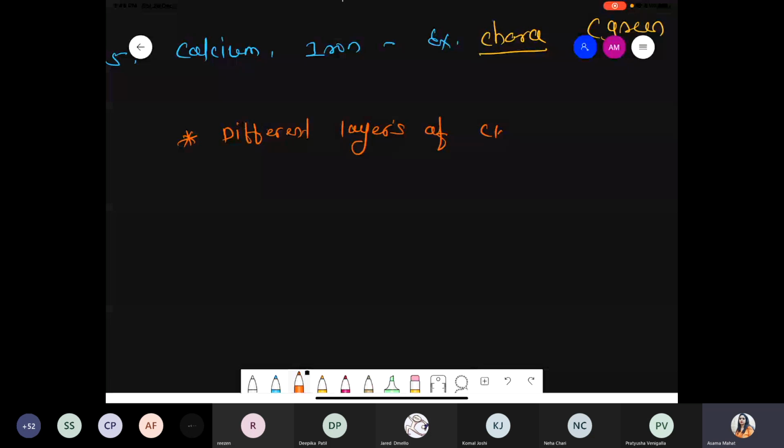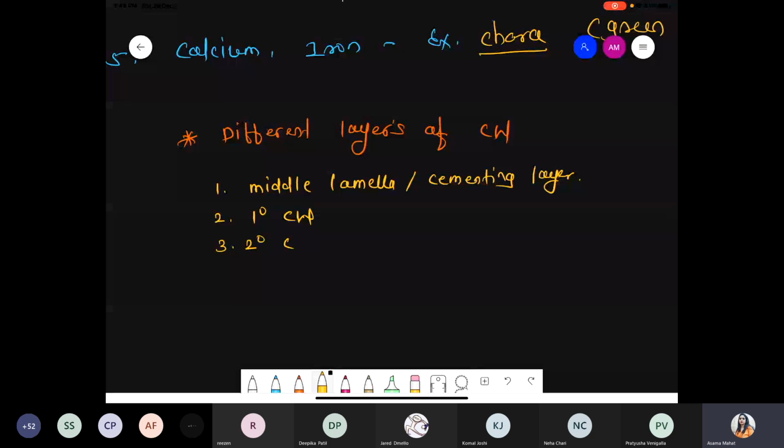So you know very well, whenever we are talking about the cell wall, it has 3 layers. Number 1, that is the middle lamella. Middle lamella is also called the cementing layer. Another one, the primary cell wall, and the next one, the secondary cell wall.